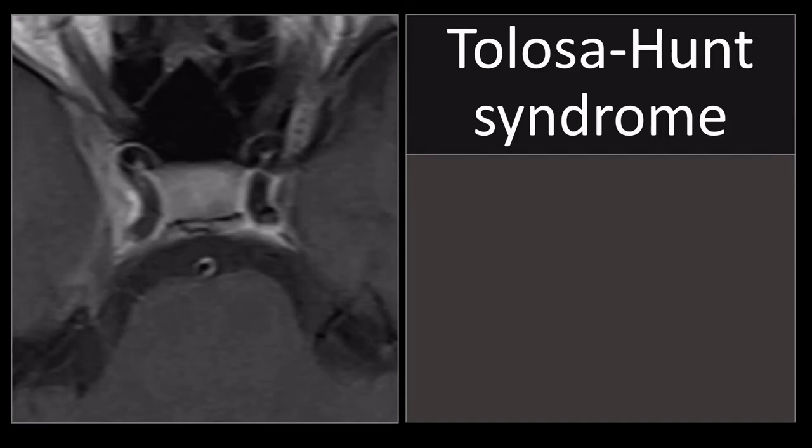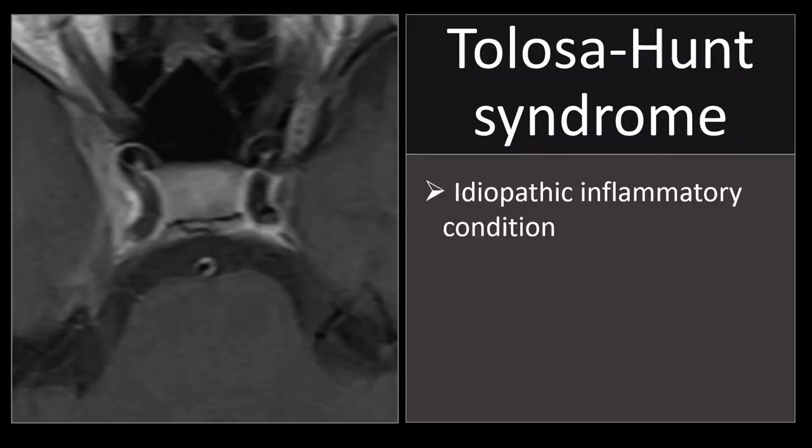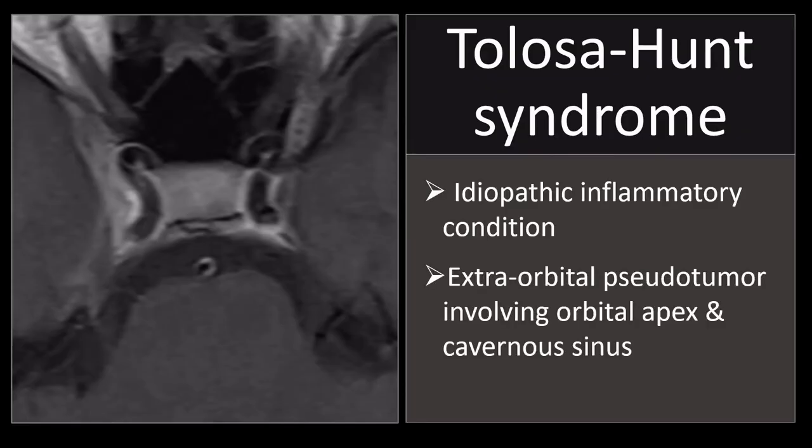And because the cranial nerves run through the cavernous sinuses and enter the orbit at the level of the orbital apex, this entity can lead to a painful ophthalmoplegia. So it's an idiopathic disorder and it's an extra-orbital pseudotumor, basically comparable to the idiopathic orbital inflammation.